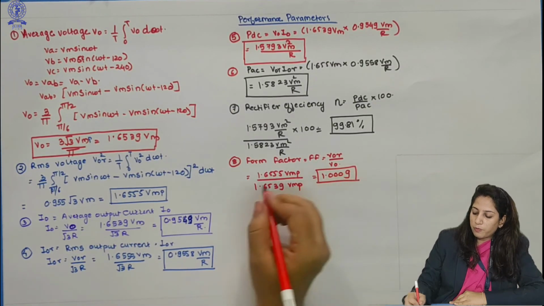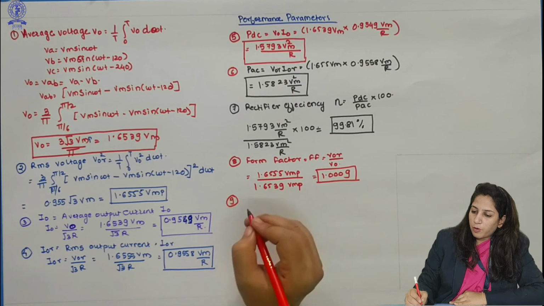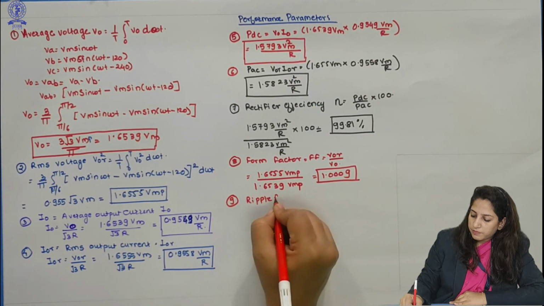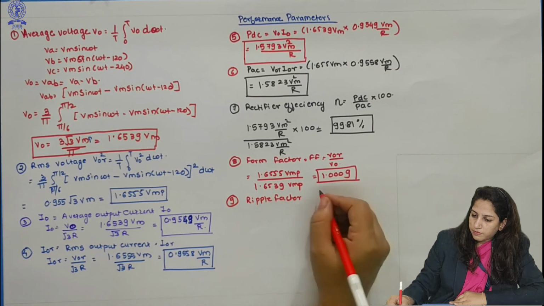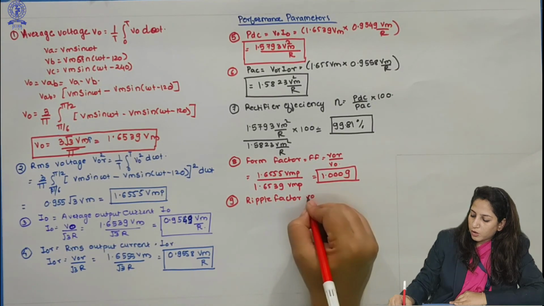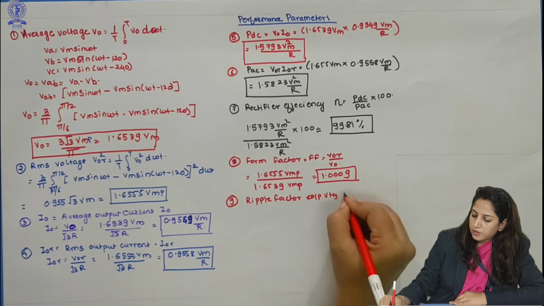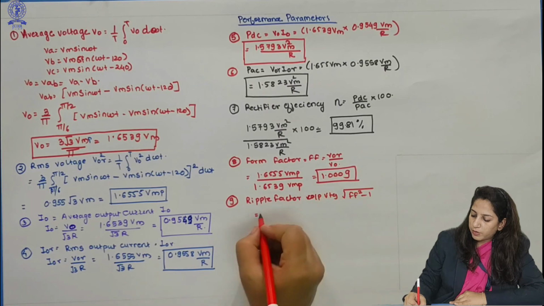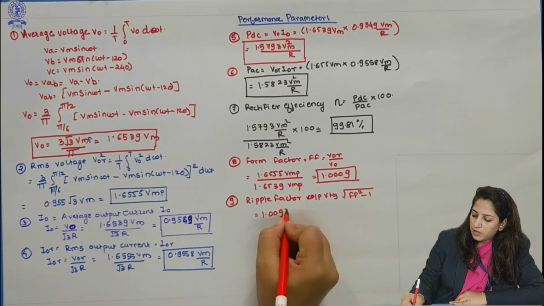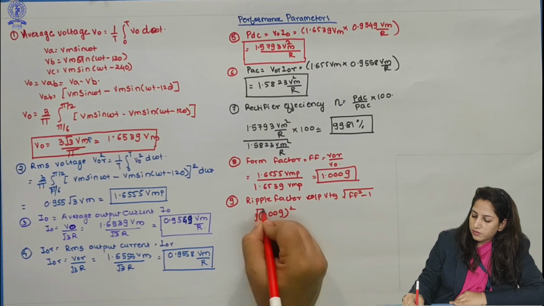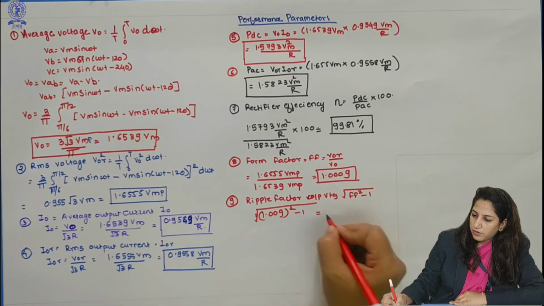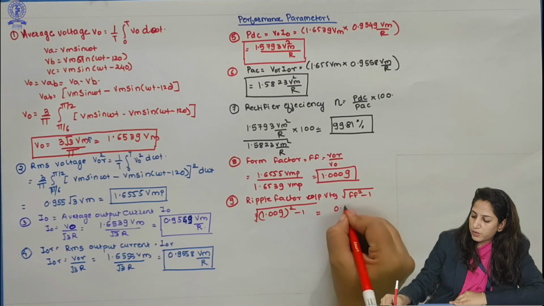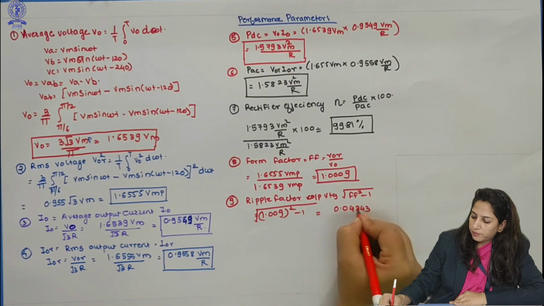This is the form factor. Then from the form factor we may derive the ripple factor of the output voltage. It will be the square root of form factor squared minus 1. The form factor we know is 1.009, in brackets squared, minus 1. Then this ripple factor will become 0.04343.